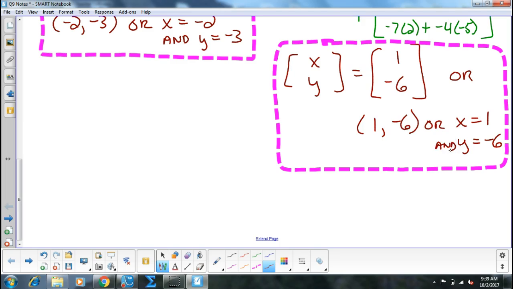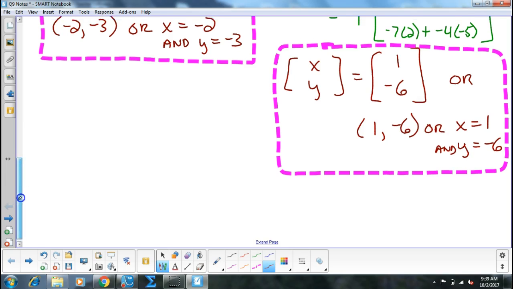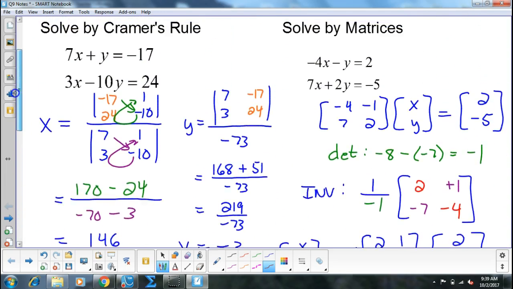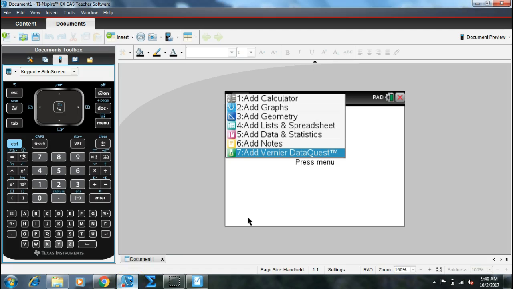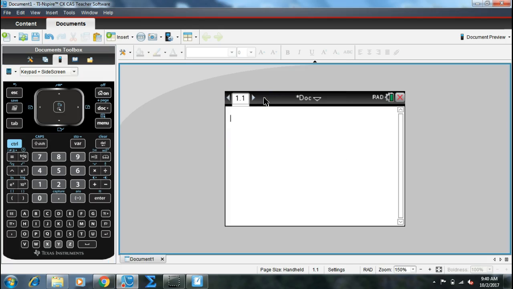Okay? Now, what I would like to show you is how to solve both of those using the calculator and a shortcut on how to do it on the calculator. So, the first thing that you have to do on the calculator is you need to have a calculator page open.